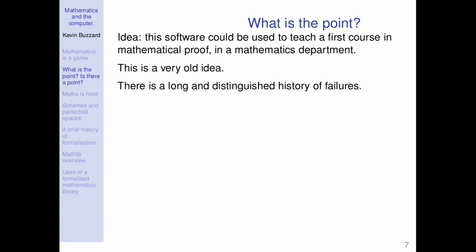Okay, so what's the point? Well, here's a great idea: maybe we could use this software to teach a first course in mathematical proof, because there's one of those in every maths department. This is a very old idea, essentially as old as the software. And it's an absolutely disastrous idea, it turns out.